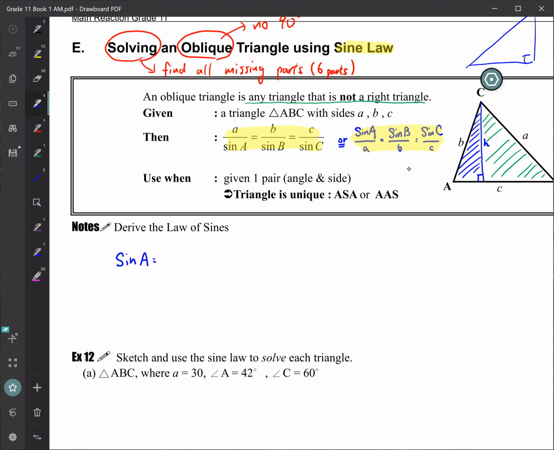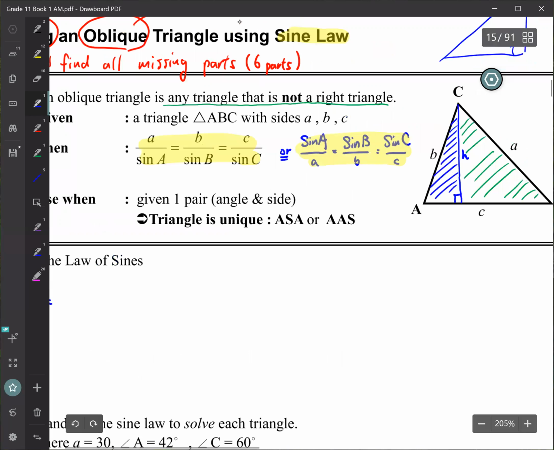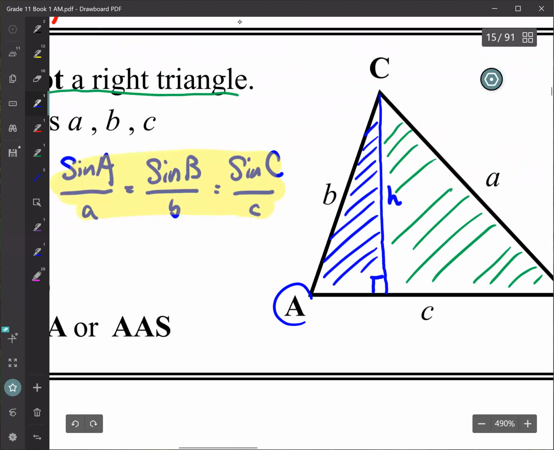Can anyone tell me? Look at the picture. Sine of angle A. What over what? Just look at the blue triangle.